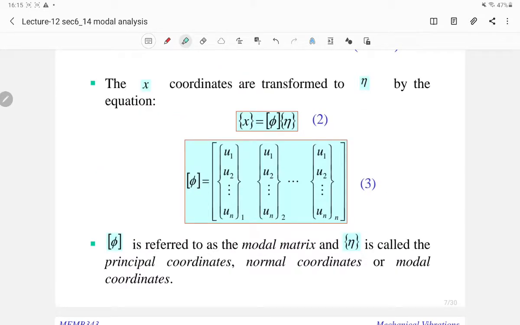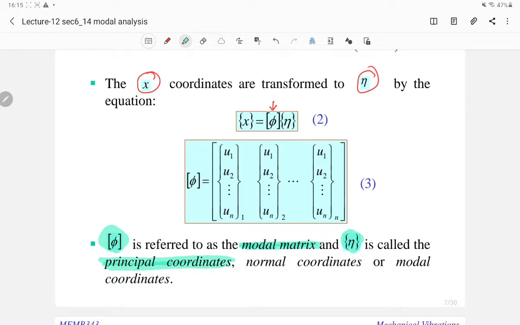The new variable that we want to transform to is eta, from x. Basically we are using our mode shapes matrix phi, or what we call the modal matrix, and the eta vector is called the principal coordinates.